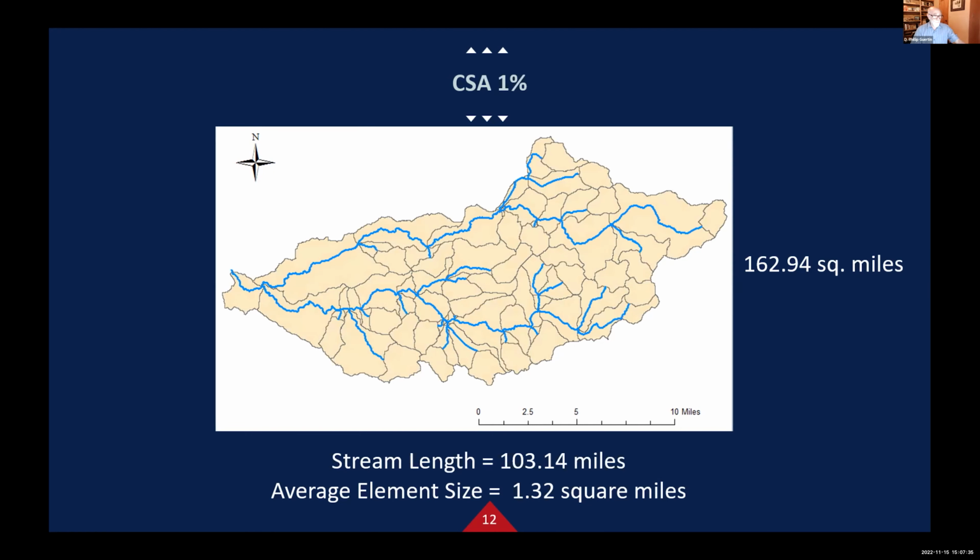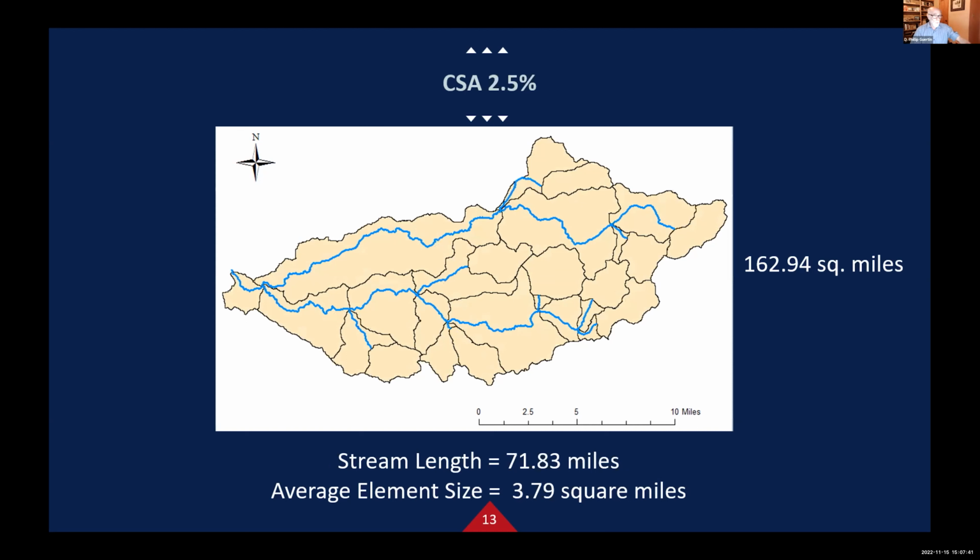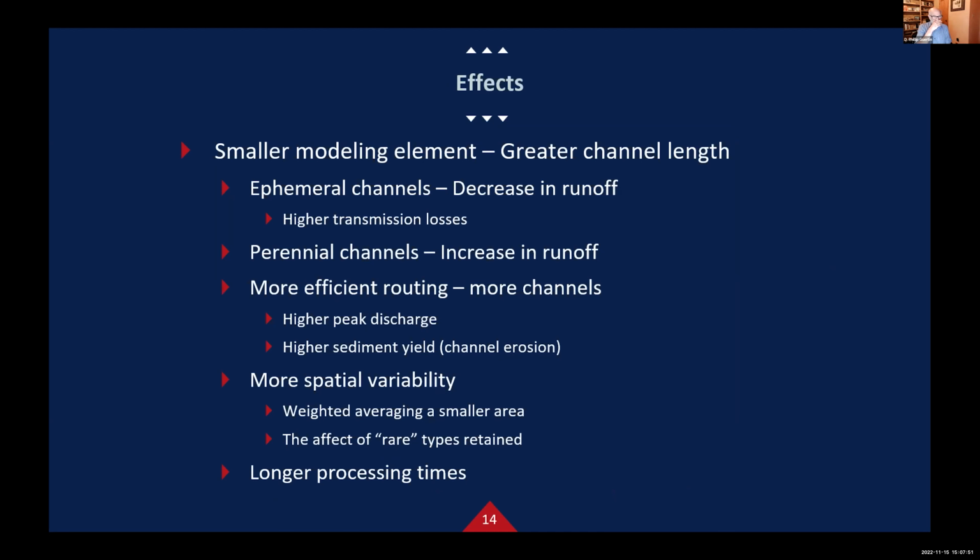You can see you have many more small subunits here, compared to this situation where your modeling elements are much, much larger, but you have less channel. So what does this mean? Well, it depends on where you are in part, but the smaller the modeling element, the greater the channel length, that's just a given.